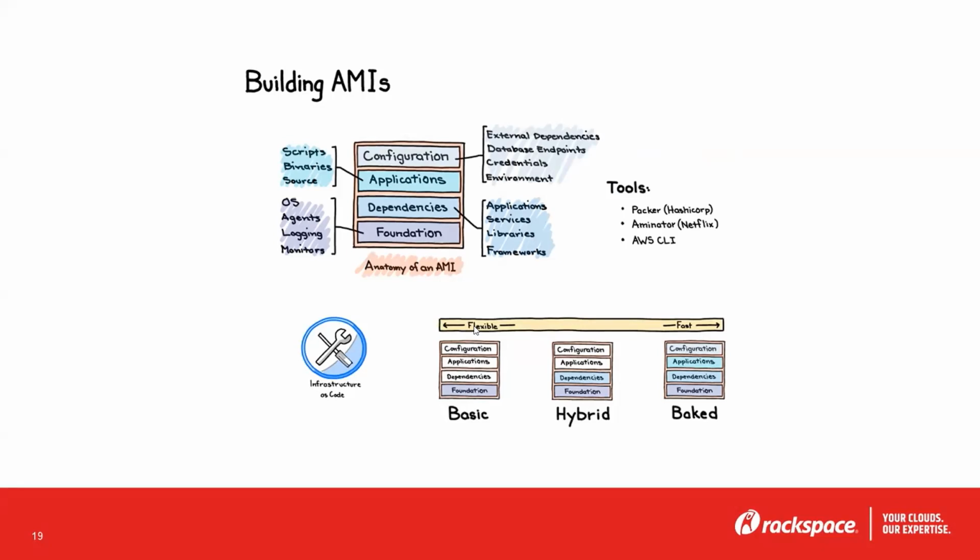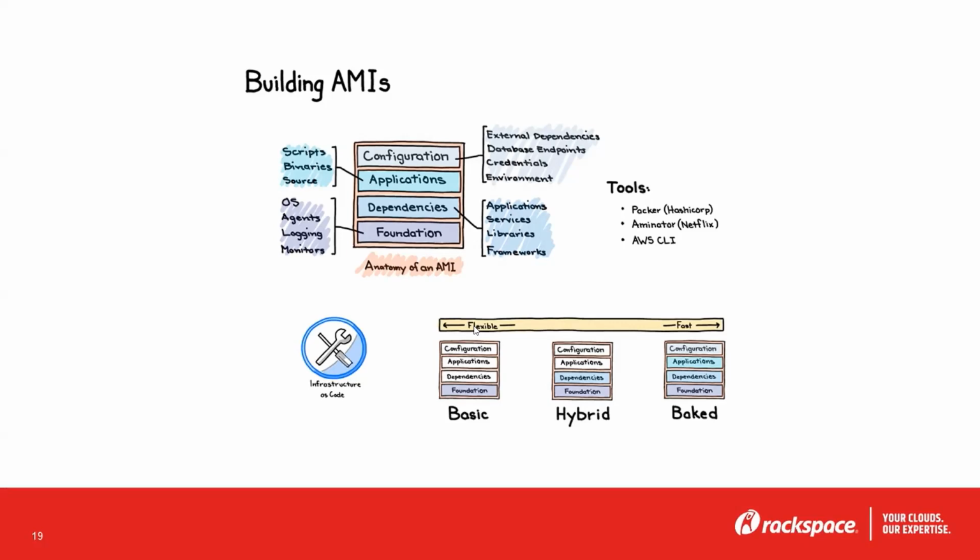It's an image that contains, at the very basic, the operating system. And a lot of the machine images provided by Amazon are just that. It's a base operating system. It's Ubuntu, or Amazon Linux, or Windows. And then you build on top of that. You can install your application dependencies, your application itself, and the configuration associated with that application.